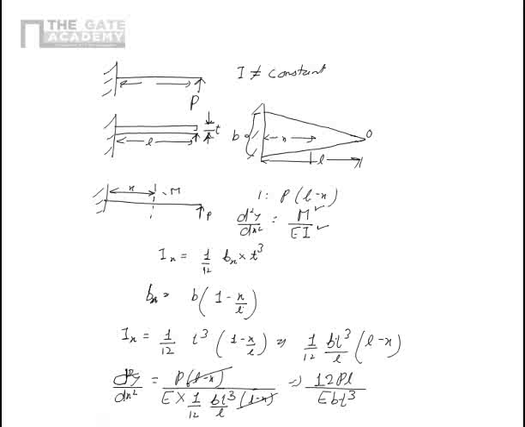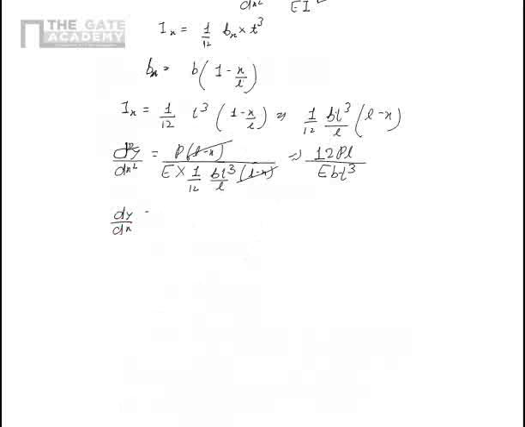Now I integrate this equation once, I get dy/dx is equal to 12 PL upon E b t cube into x plus C1. Over here 12 PL, E, b, t, everything is a constant, so we can put this as a constant called k. I get kx plus C1, where k is equal to 12 PL upon E b t cube.